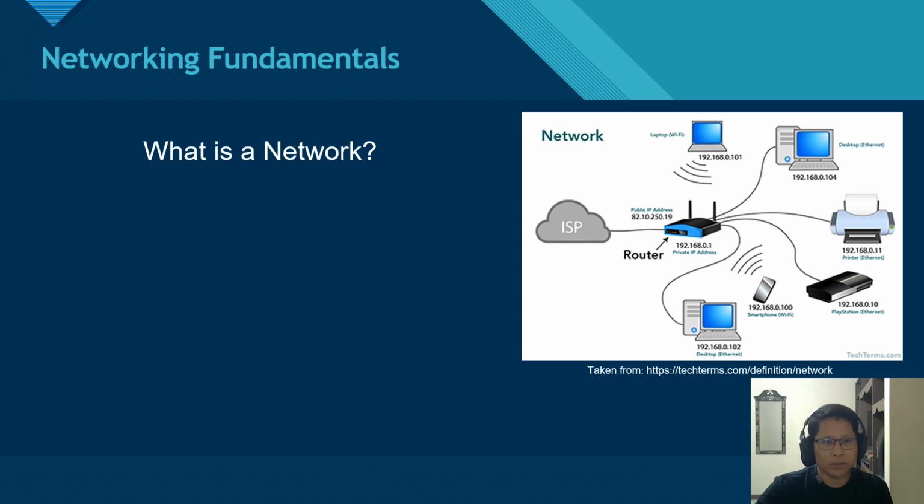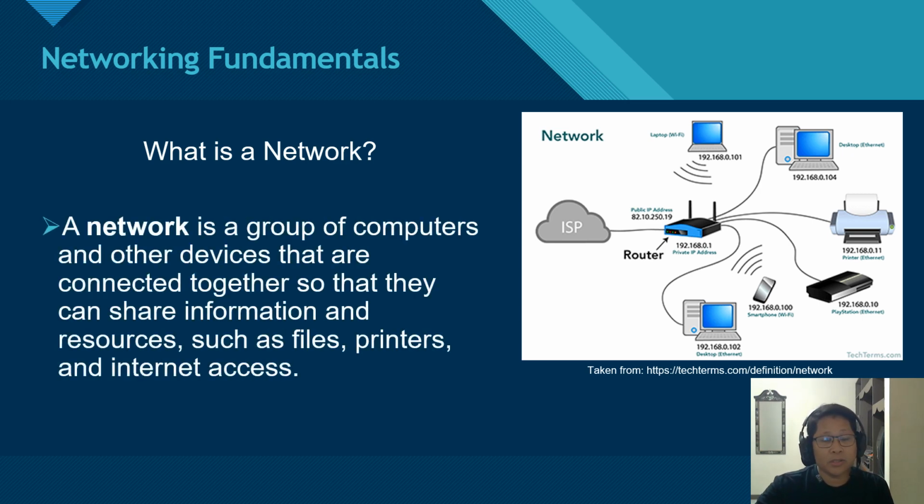What is a network? A network is a group of computers and other devices that are connected together so that they can share information and resources such as files, printers, and internet access.